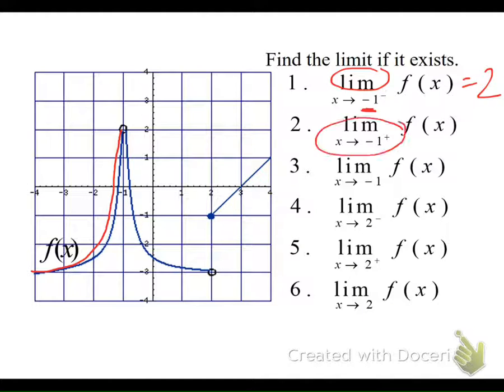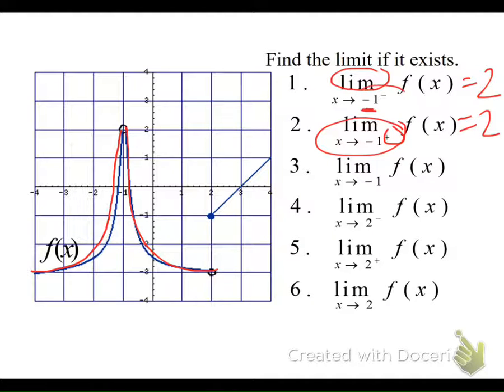The limit as x approaches -1 from the right would also be 2, even though there's no actual point there. Now, that's the whole point of a limit. Mostly for limits, we're saying what is the height that we are approaching, even though we don't actually reach that height. We're approaching it from both sides.